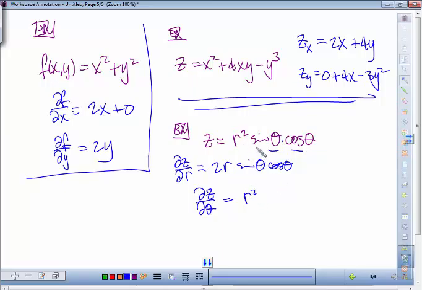And this r squared is constant, so I can choose to have that distribute, or you just leave it out and then just work with the stuff inside. So it's derivative of the first times the second plus the first times derivative of the second.